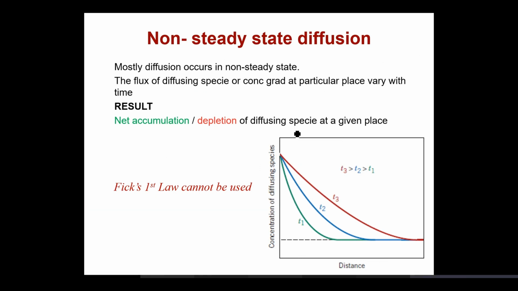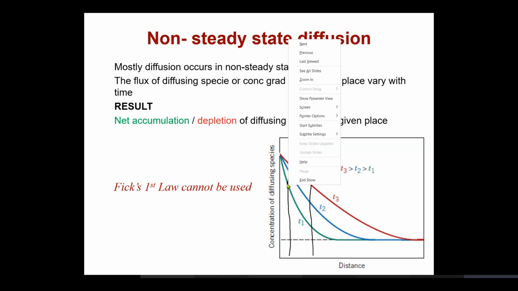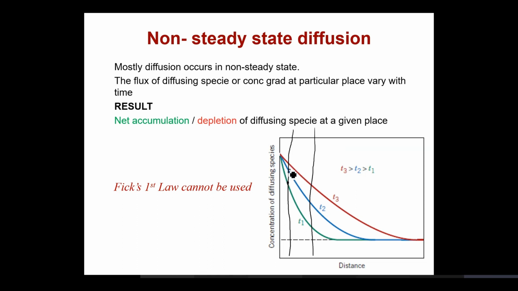If I look between these two regions, with the passage of time at this location, the number of species or the concentration is increasing. And if I look at this point, the number of species are also increasing.